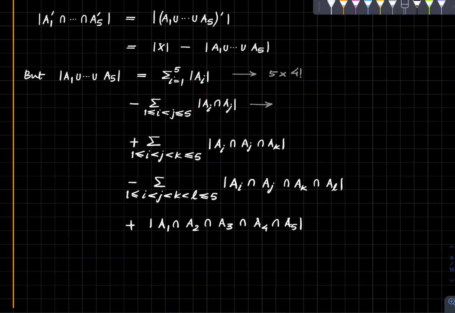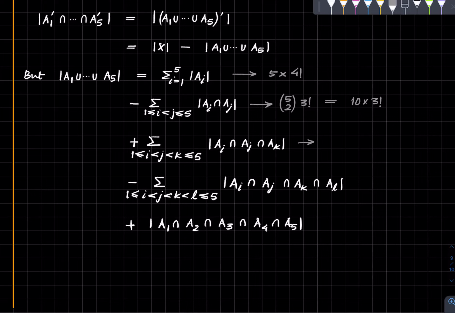So if the first and second go in the correct places, the remaining 3 can arrange themselves in 3 factorial ways. And there are 5 choose 2 such pairs. So this is 5 choose 2 times 3 factorial, which is 10 times 3 factorial.